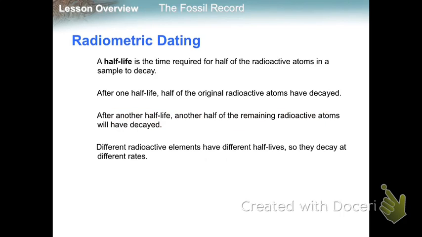That rate is called a half-life. It's the time required for half of the radioactive atoms in a sample to decay. After one half-life, half of the original atoms have decayed. After another half-life, another half has decayed, and so on and so forth. And like I said before, different elements have different half-lives, so they decay at different rates.